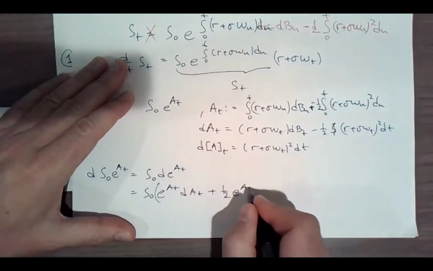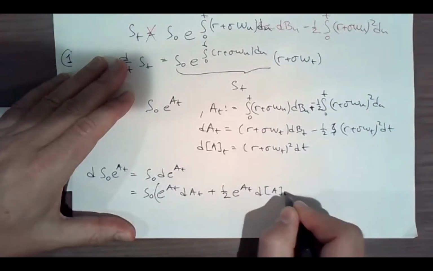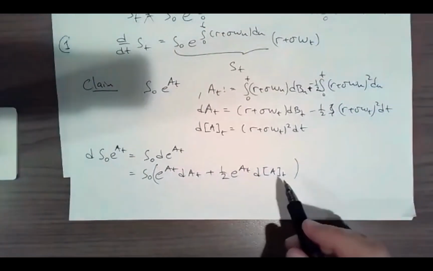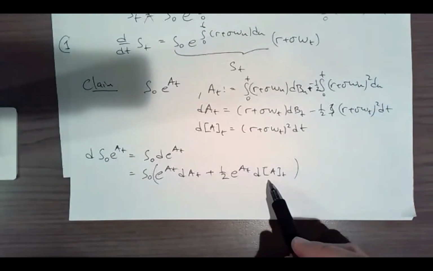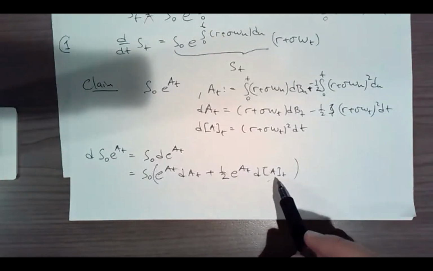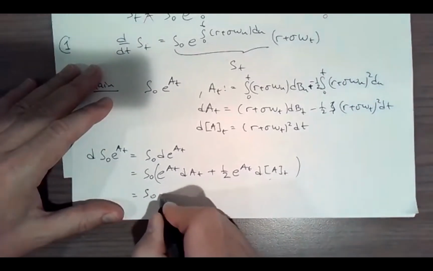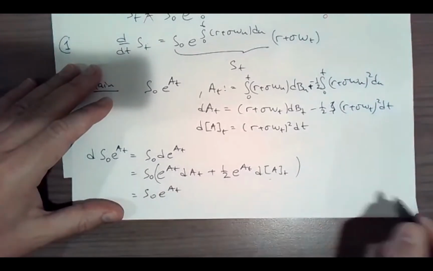So this is e to the AT, d quadratic variation of A. That's the new term that you didn't see in the ordinary differential equations class. And so here you'll get S0 e to the AT dA.